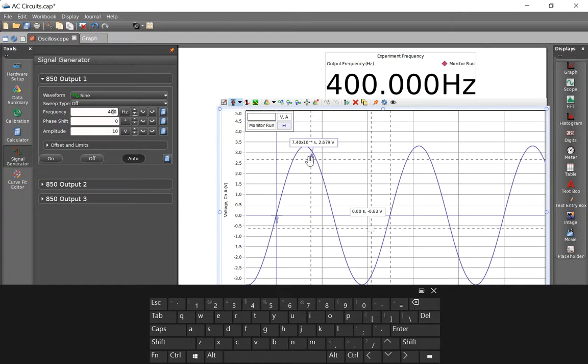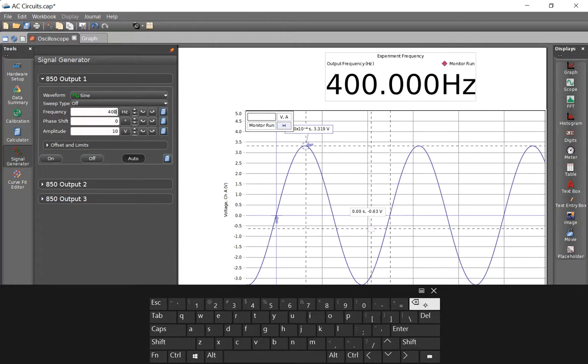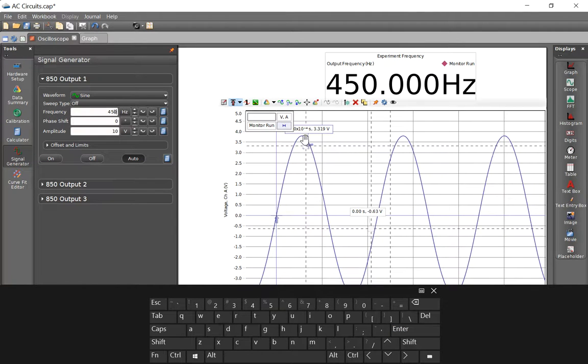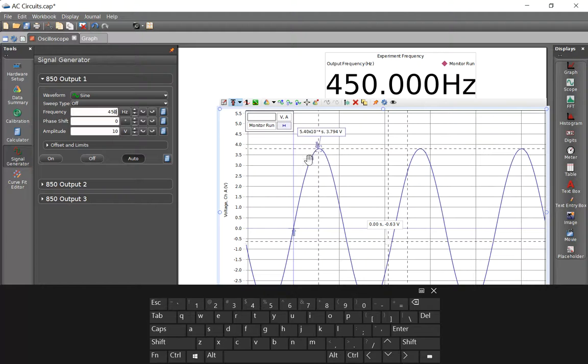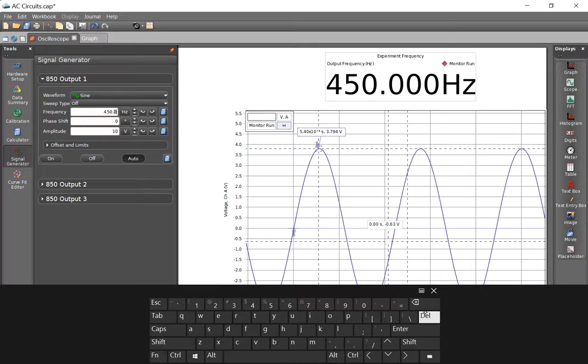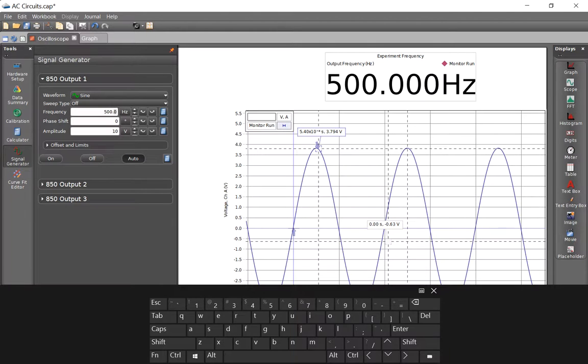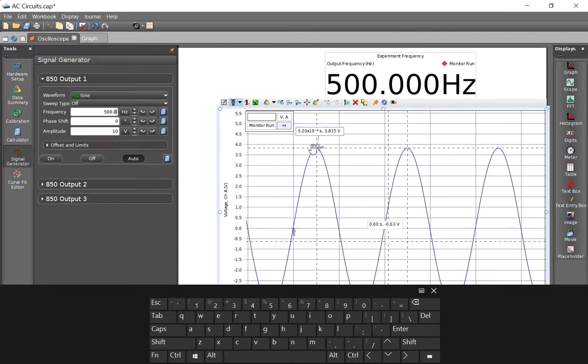At 400, 3.32 volts. At 450, 3.79 volts. At 500, 3.83 volts.